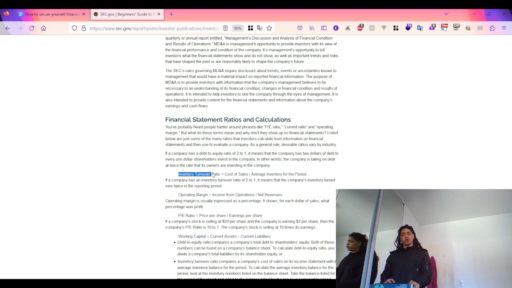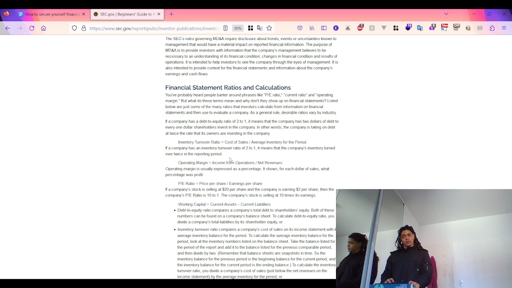The other is the inventory turnover ratio: cost of sales divided by average inventory for the period. So the cost of sales is the total amount of money that the company spent on producing that good or service, whereas the average inventory for the period is the average of the inventory balances.